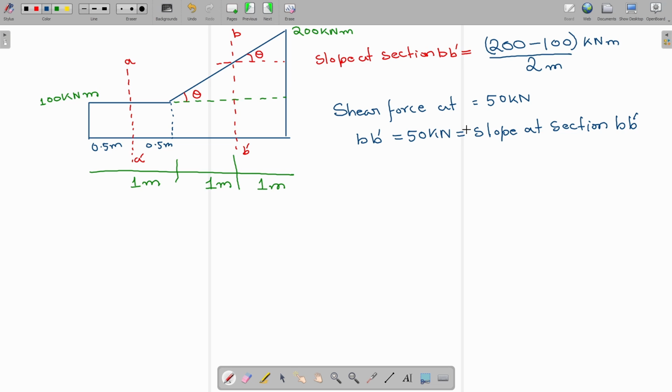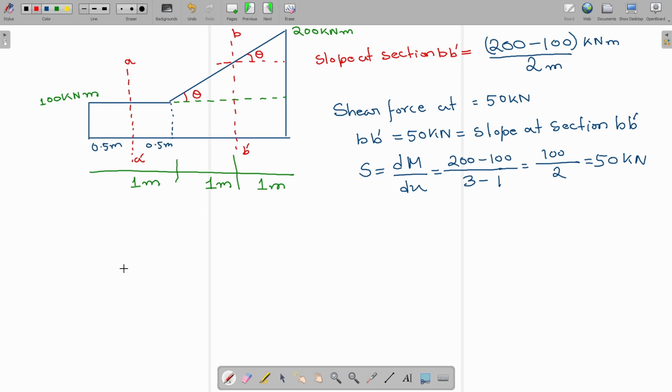This is given like this: shear force S is equal to dM by dx, which is 200 minus 100 over 3 minus 1, is equal to 100 by 2, which is 50. You can also remember it like this.